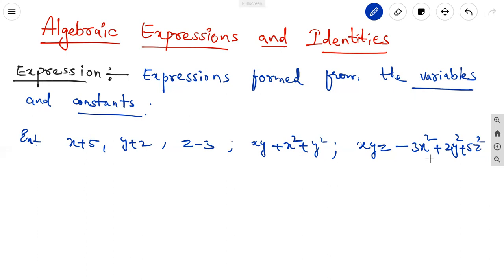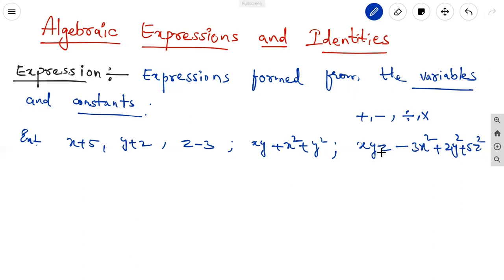with the constants. This is how an expression is formed from the variables and constants with the algebraic operations. The basic operations are addition, multiplication, subtraction, and division. Here, in xyz, in the three variables, multiplication is there.